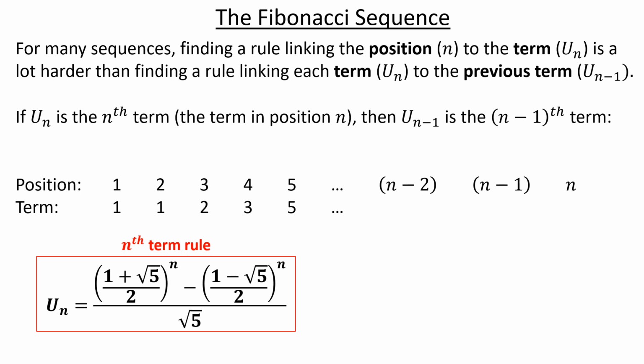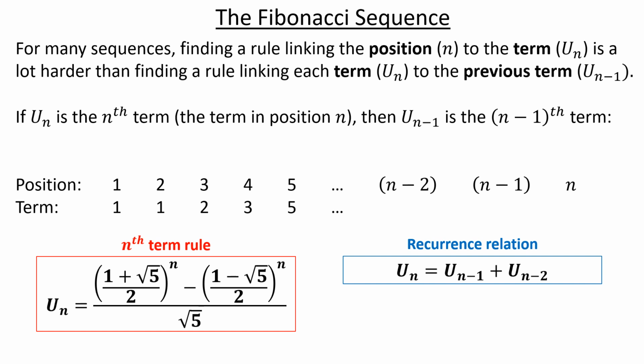Roughly speaking, if you graph it, it looks like it's something like (1 plus root 5) over 2 to the power n kind of sequence, but there's a little bit more messiness in there, hence the weird nth term rule. Luckily for us, the recurrence relation is just so much simpler.